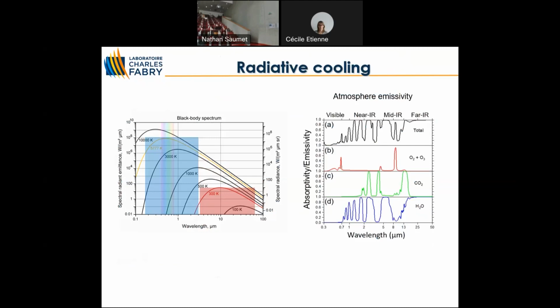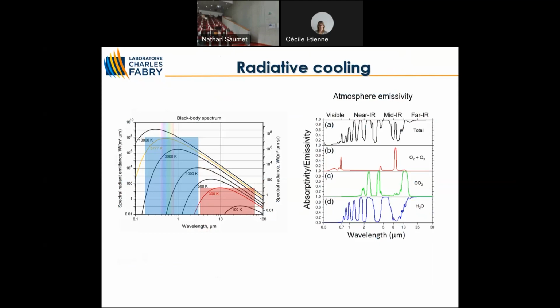So you want to make it highly emissive in this region here, or this one, because if you increase the absorptivity, you don't increase the absorption because nothing is coming except from the sun. And on the other hand, those are infrared frequencies where at 300 Kelvin, you can emit a lot. So you want to increase the emissivity at 300 Kelvin.